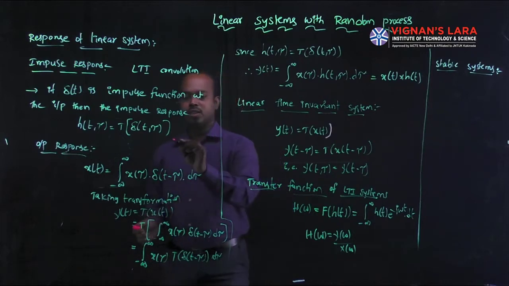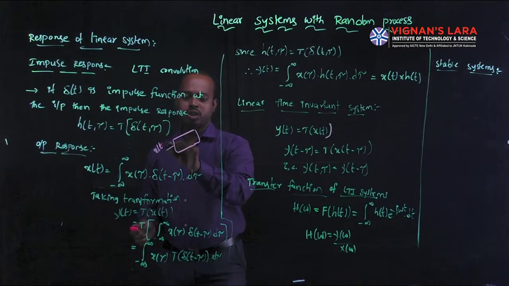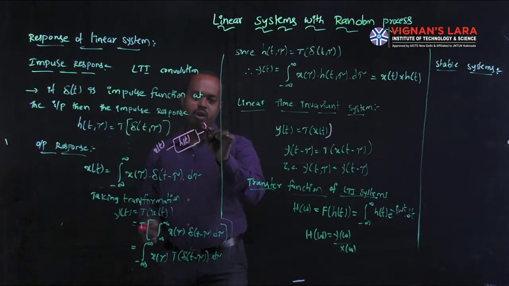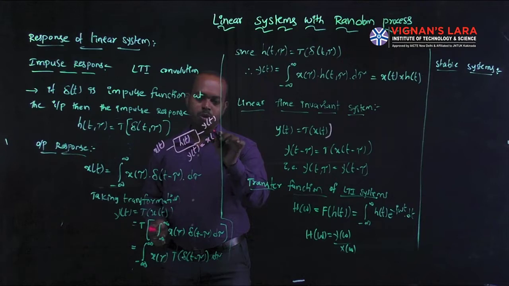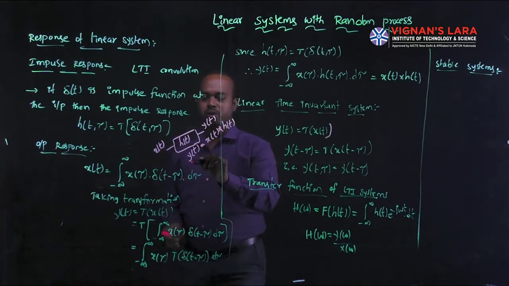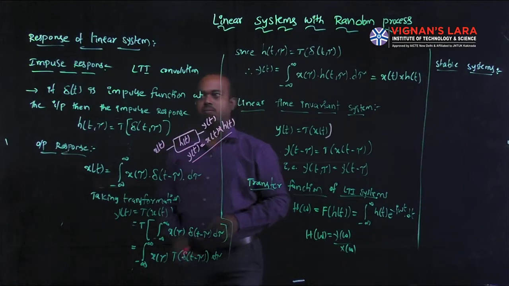Suppose x(t) is the input signal, h(t) is the system function, and y(t) is the output signal. The output response is always the convolution of input and system function. This is the formula to obtain the response of a system.